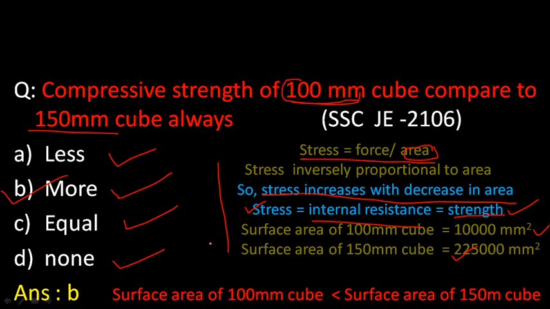So more voids will give lesser strength, and fewer voids will give more strength. So the 150 mm section is more than the 100 mm. So there may be a chance of having more voids in this 150 mm cube than the 100 mm cube. So with fewer voids in this 100 mm cube, the strength of this 100 mm cube is more. In this way also we can answer this question, right?